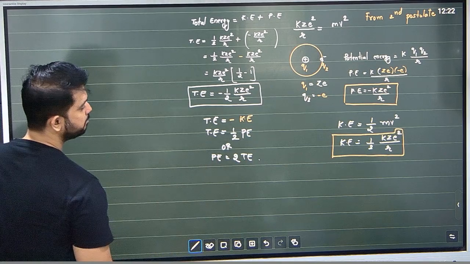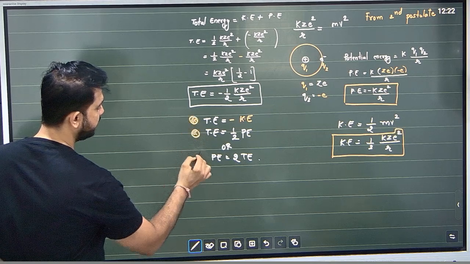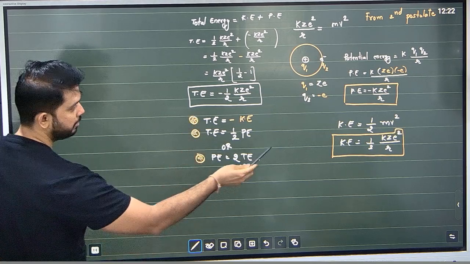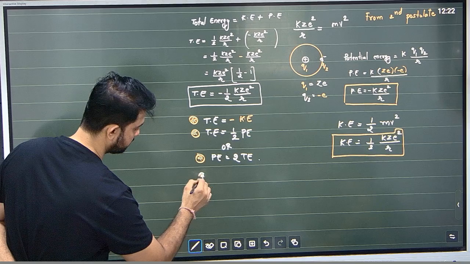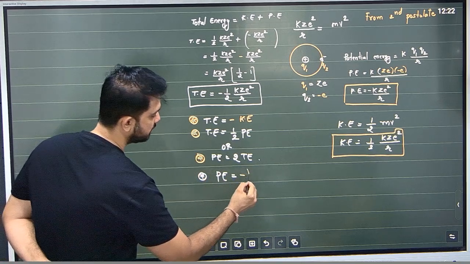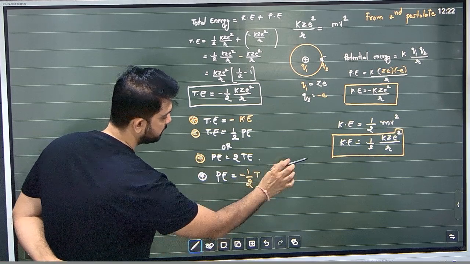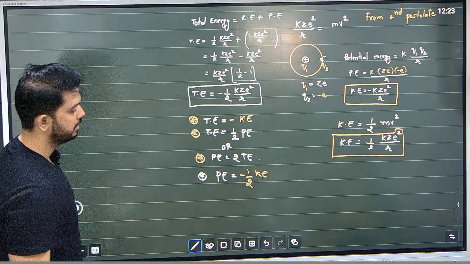And last, compare for me potential energy and kinetic energy. Potential energy is negative half of kinetic energy.